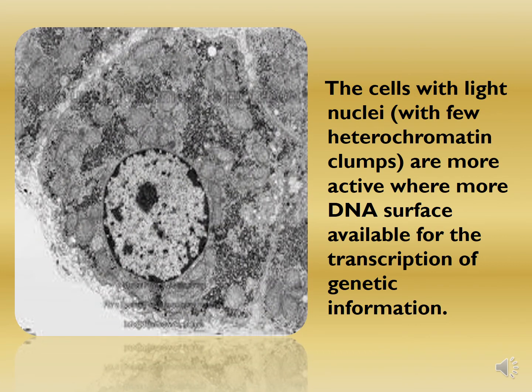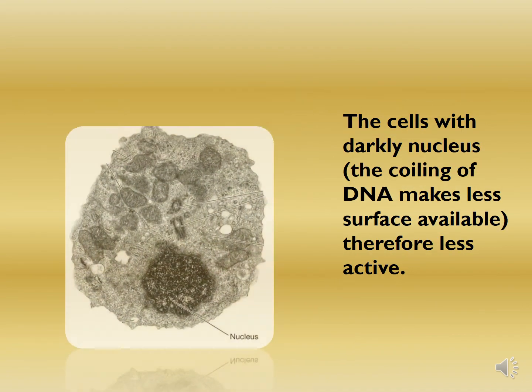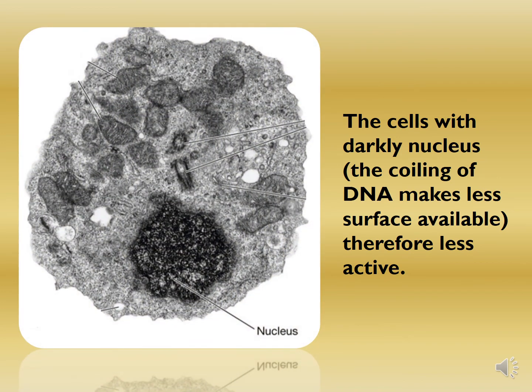The cells with light nuclei with few heterochromatin clumps are more active, where more DNA surface is available for transcription of genetic information, while in cells with dark nuclei, the coiling of DNA makes less surface available, therefore less active.